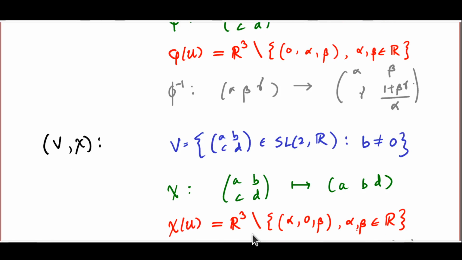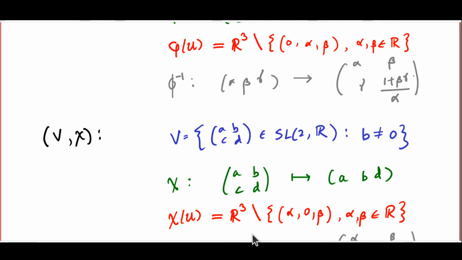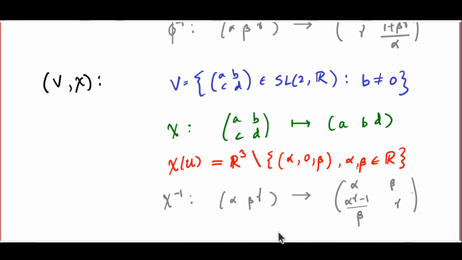D. Here, chi of U is simply the set of all triplets in which the middle component, the B component so to speak, is not 0. So, those are the triplets which have been deleted from here. And what about chi inverse? Here, if you give me a triplet of numbers alpha, beta and gamma, they will give me the A, B and D elements of the matrix as alpha, beta and gamma respectively.